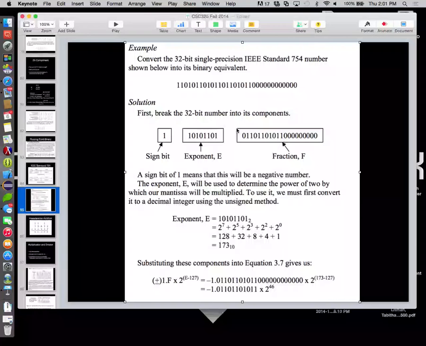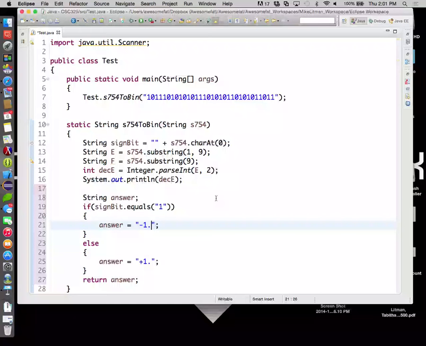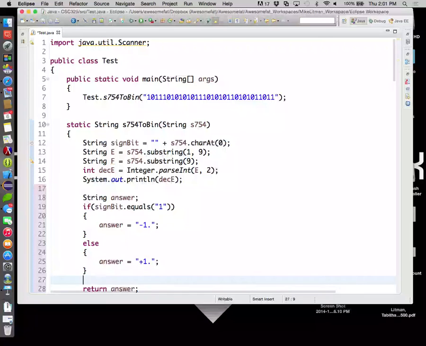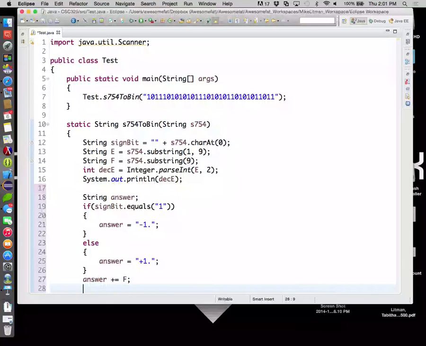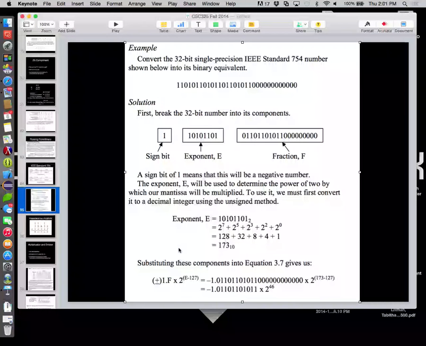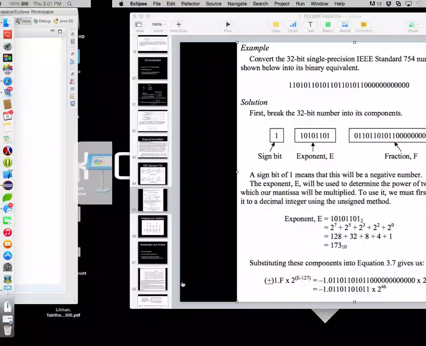We happen to have F already, correct? So here, we'll take whatever answer is. Now we're going to say answer plus equals F. So that tacked F on. Then we're going to tack on space times space 2, and then a little caret.